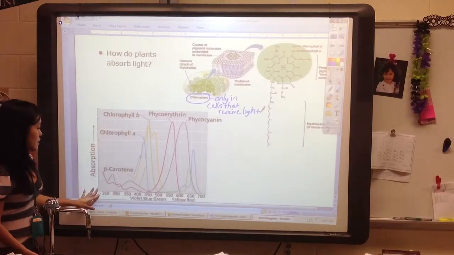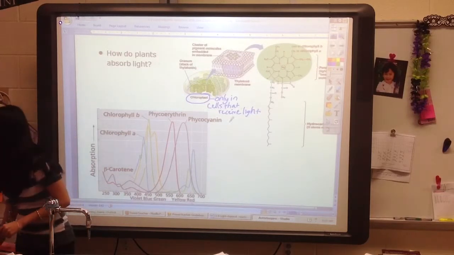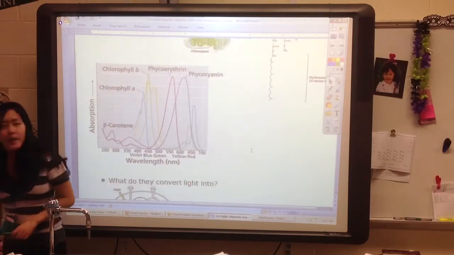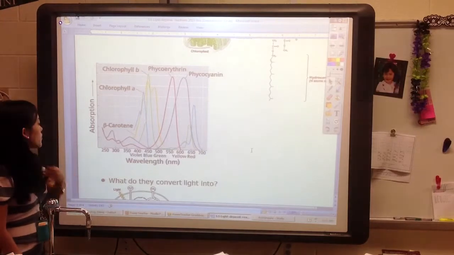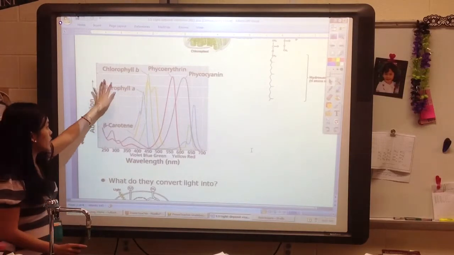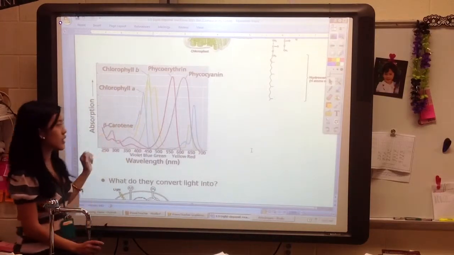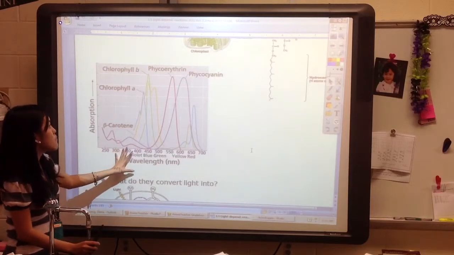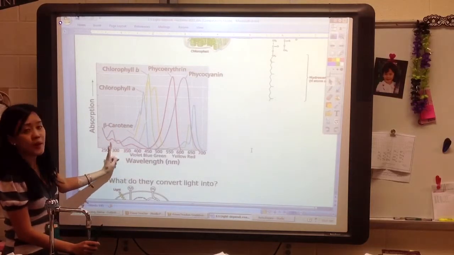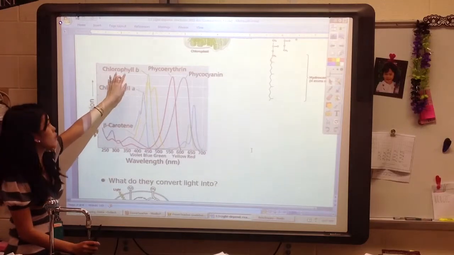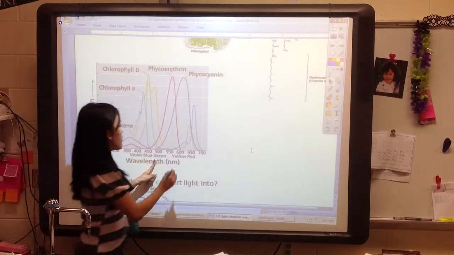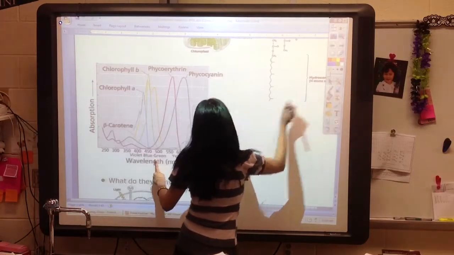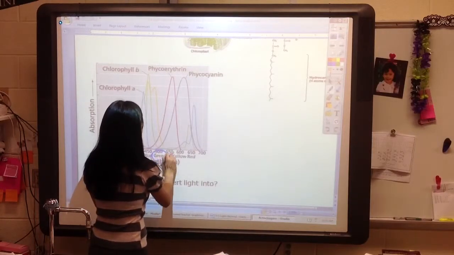And then we looked at some of the absorption of light that can be done by various pigments in a plant cell. Here are various pigments, different proteins that can absorb light. Notice that the two that we'll mainly concentrate on are chlorophyll A and chlorophyll B, but very few of them, if any at all, can actually absorb green light.